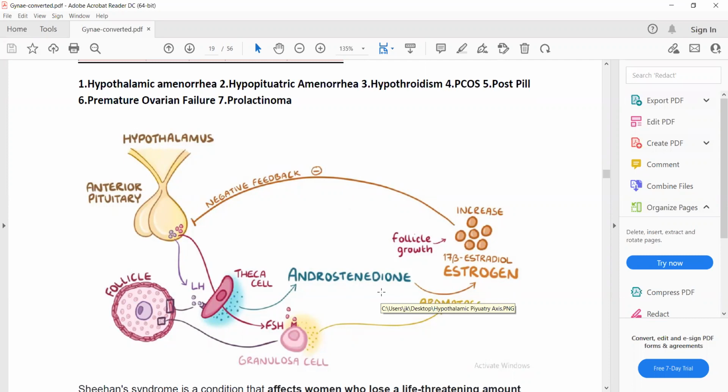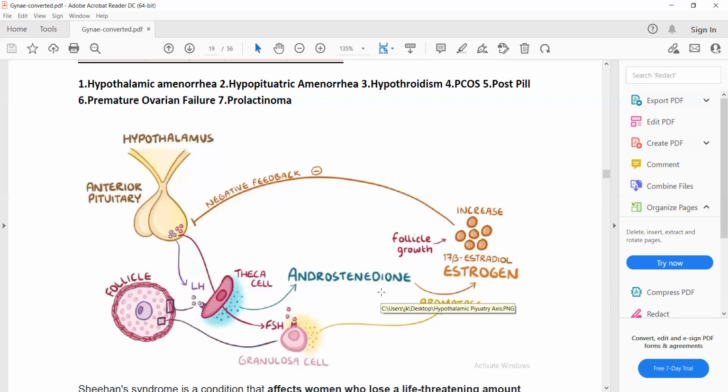So in short, if FSH and LH are low, then where is the problem? In the pituitary or in the hypothalamus? How we can differentiate between pituitary and hypothalamic problems depends upon the history of the patient.